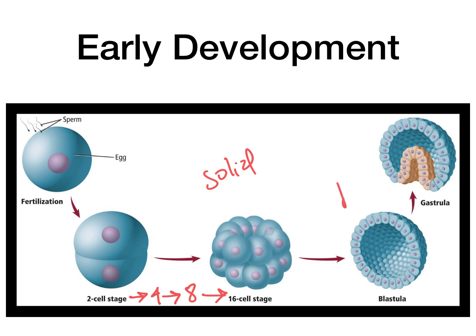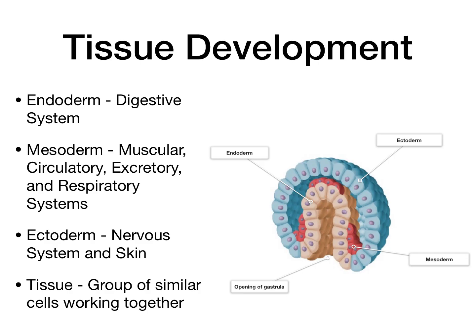And then it will become hollow, like we see in this next stage. And then the ball will start to kind of invert in, and you see the two different colors. That's significant. And we end up getting different layers of tissues. And the endoderm is, in this image, the tan.